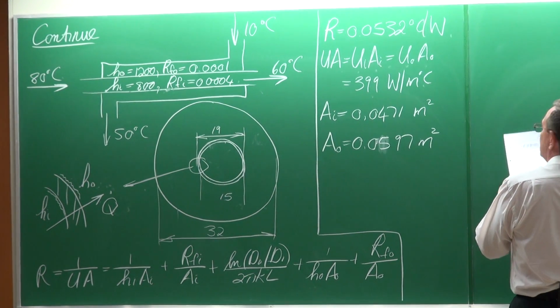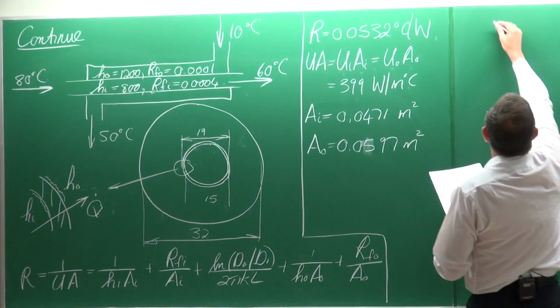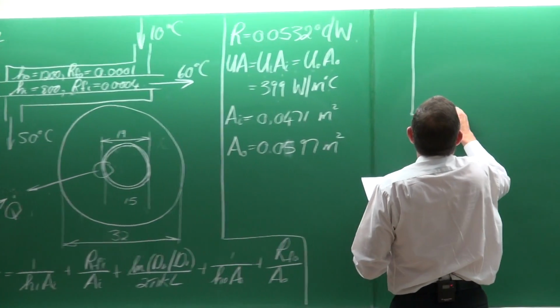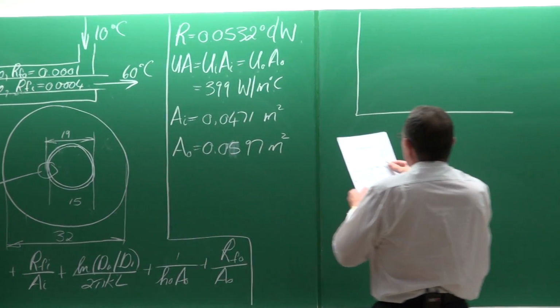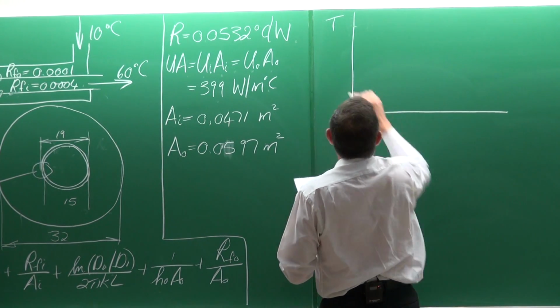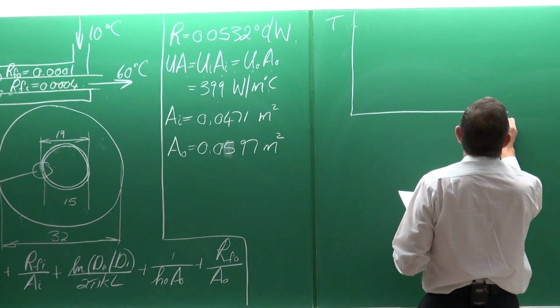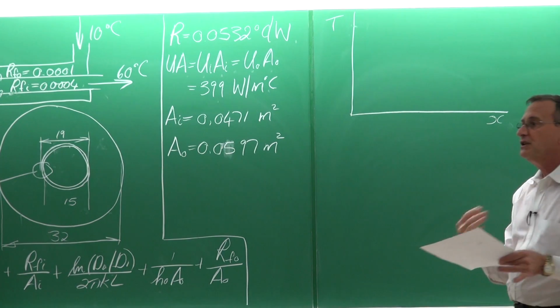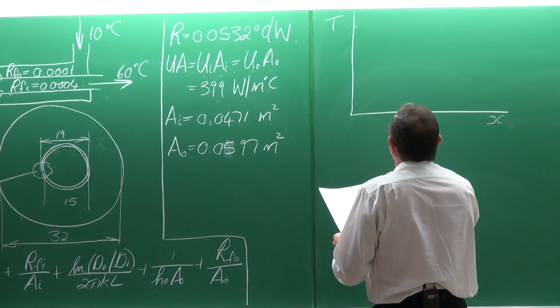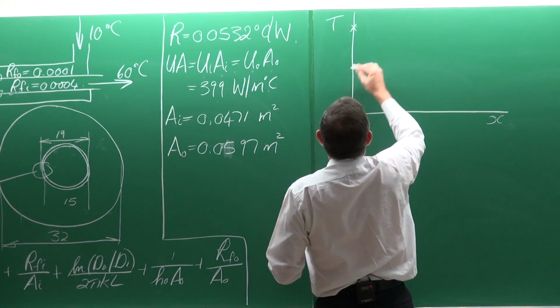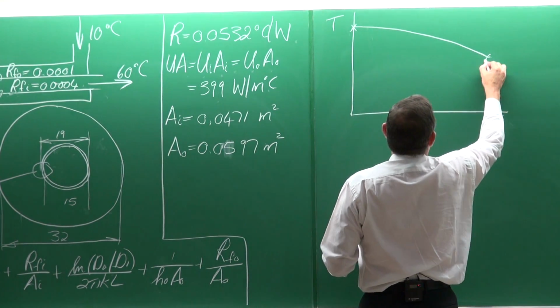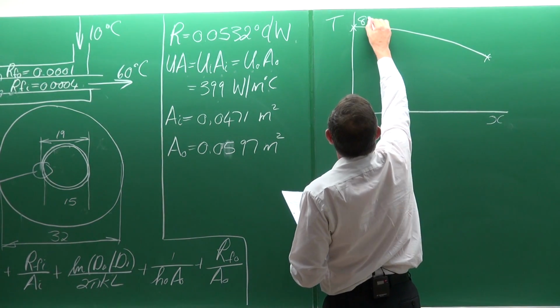Let's continue a little bit further and look at the heat transfer rate. If we now want to calculate the heat transfer rate for this problem, then it is important that we look at what happens with the temperature as a function of x, because we need a temperature difference. I always draw the sketch, and I would recommend that you also do that.